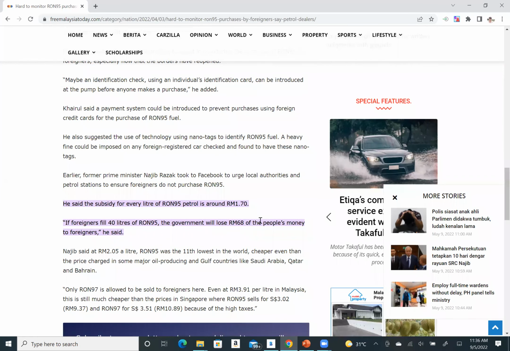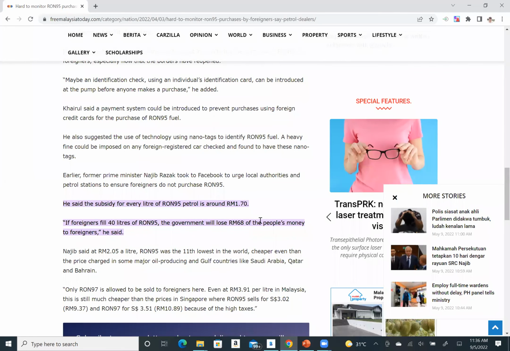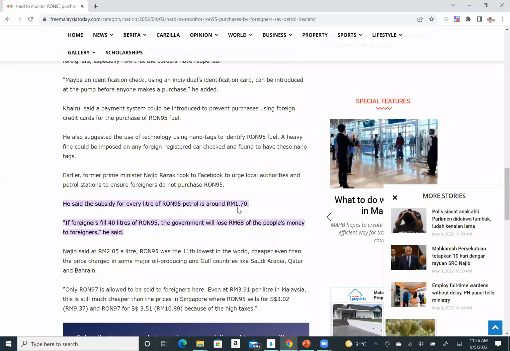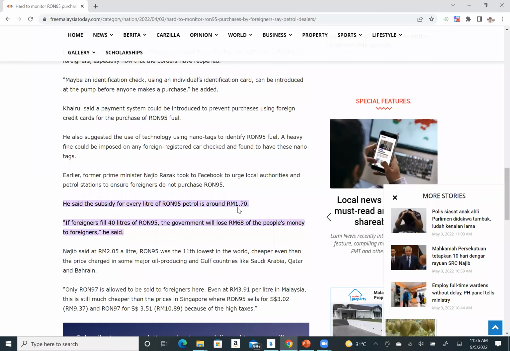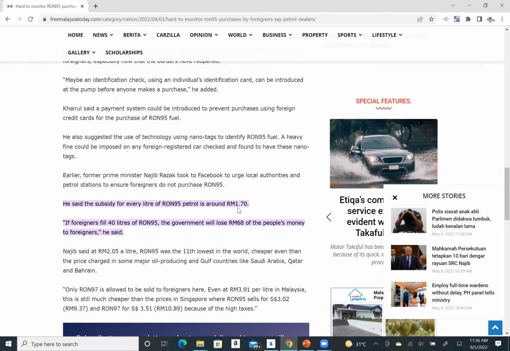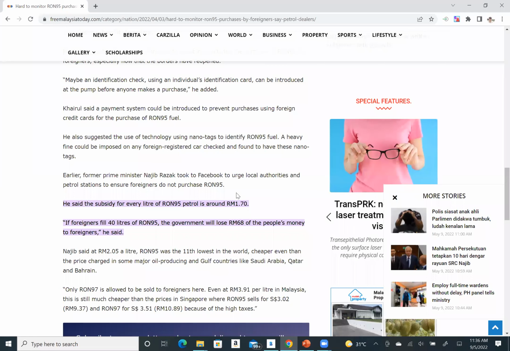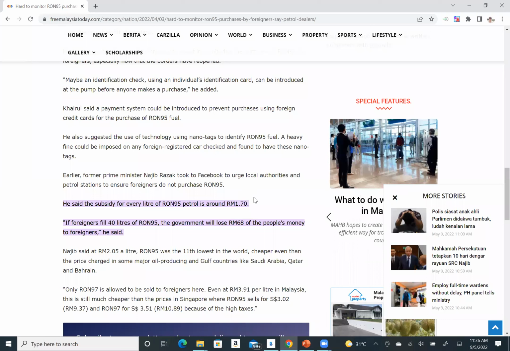On top of that, the subsidy is 170. So what is the actual price of RON 95 petrol? It's 215 plus 170, that is 385.